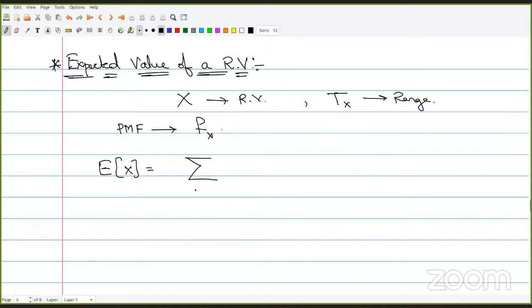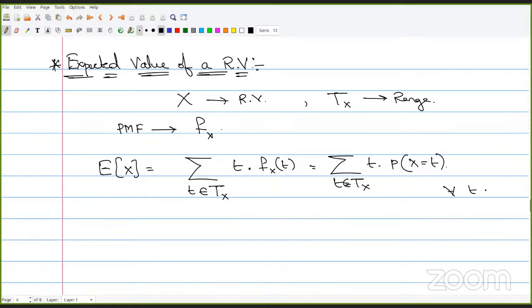It is the summation over t belonging to Tx of t times fx of t. So this is simply the sum over t in Tx of t times the probability that x takes value t, for all t. This is what the expected value of a random variable is, in brief. This expected value is nothing but the mean of a random variable.